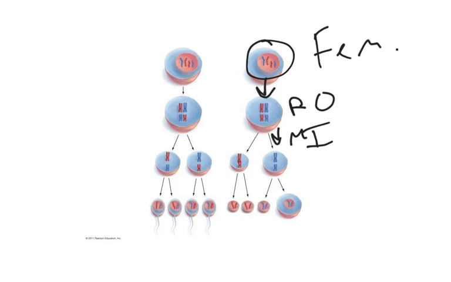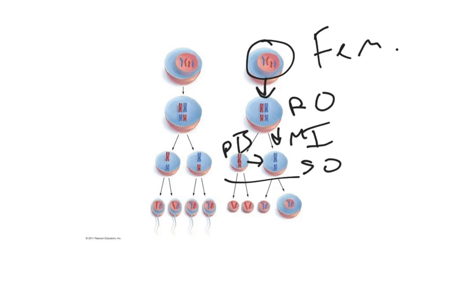And then when puberty hits and a female starts to menstruate, each month one of these primary oocytes will continue through meiosis 1 and get to this phase right here, where they have a secondary oocyte and a polar body. Now, polar bodies are just going to be absorbed at the end, because the secondary oocyte takes all the cytoplasm, because it has to be much larger in order to make a nice, nutritious, and sufficient egg.